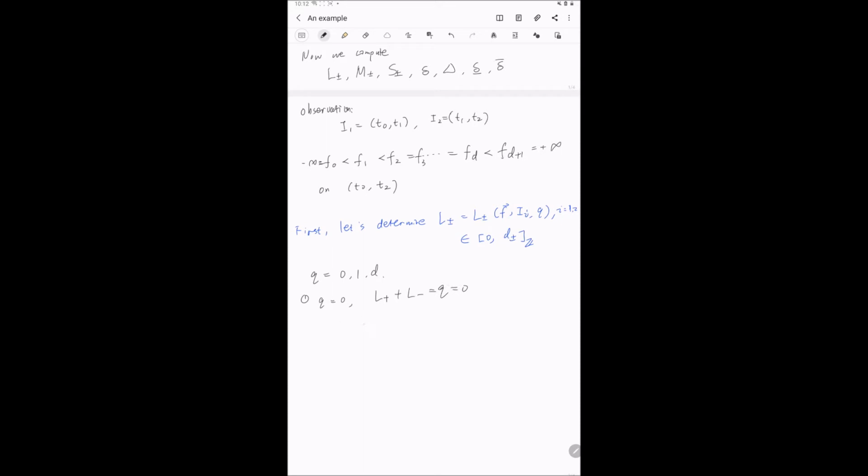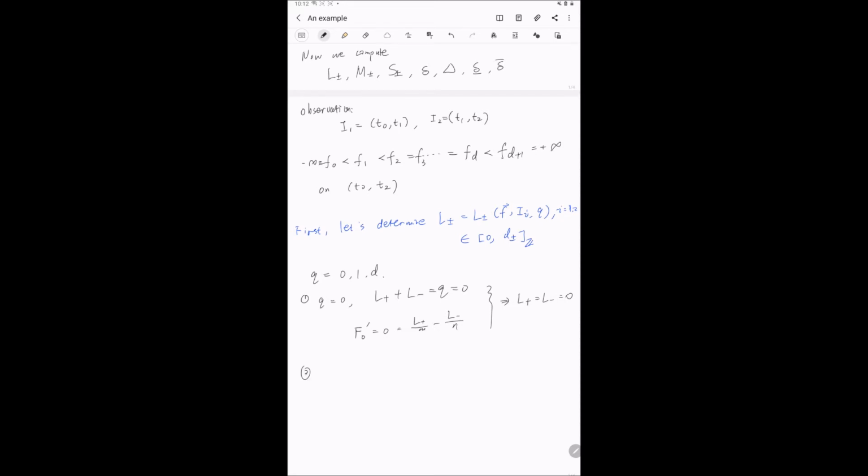And the second equation is that f0 prime, which is 0 by our convention here, is supposed to be equal to L plus divided by m minus L minus divided by n. Solving those two equations yields L plus equal to L minus equal to 0. So this is our first case.